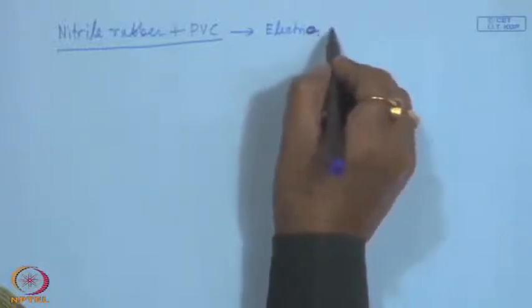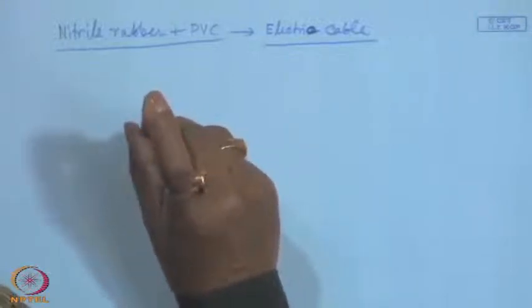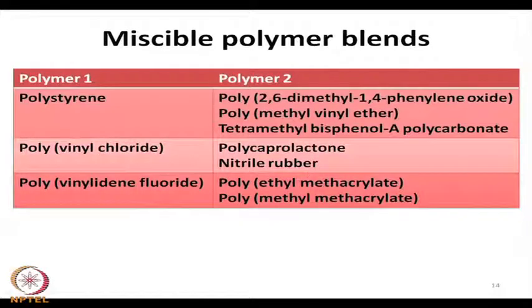For heavy duty electric cable, for high voltage electric cable, underground high voltage electric cable, after polyethylene insulation, this nitrile PVC blend is used as a sheathing material, or PVC is used to coat conductors for domestic wiring.